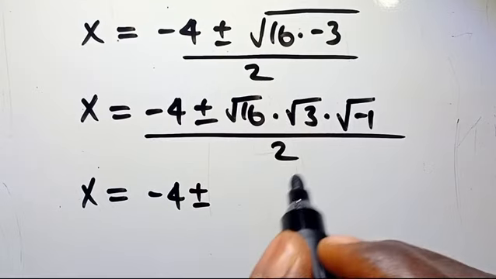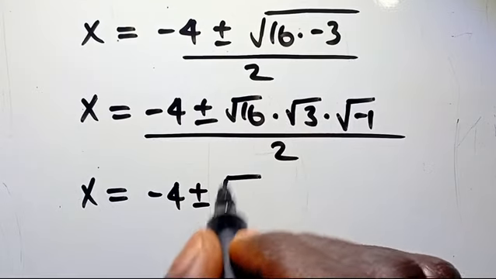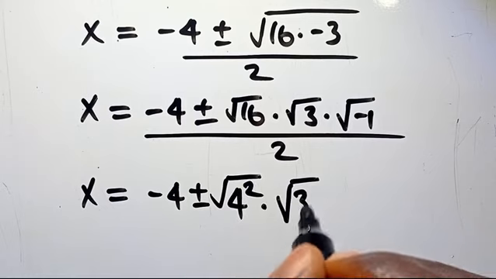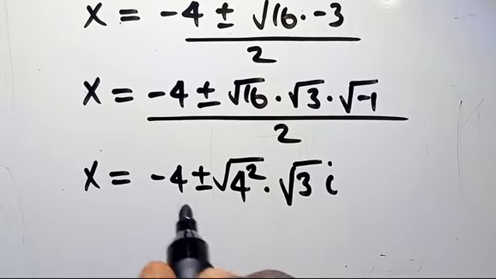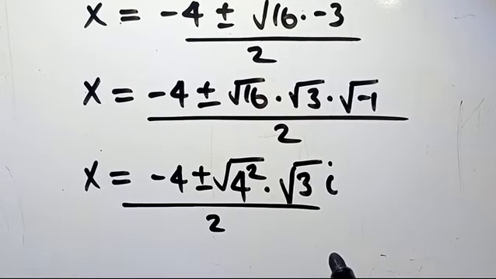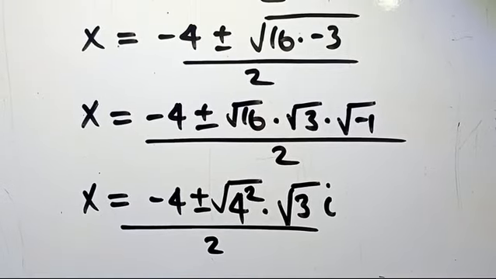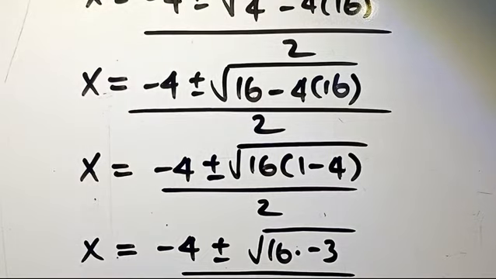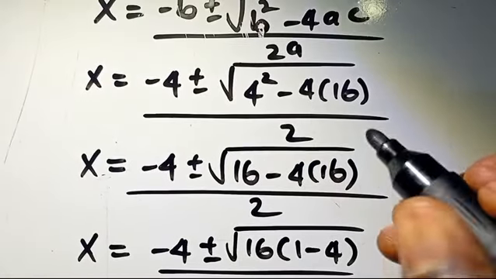Then we have here x equals minus 4, positive or negative. Root 16 is a perfect square. Then this will be root 3 multiplied by i, over 2a. Our a is 16.